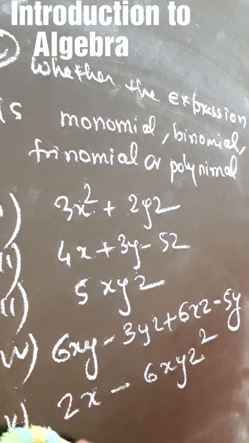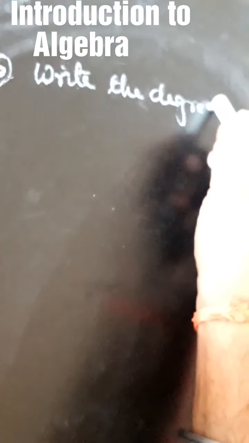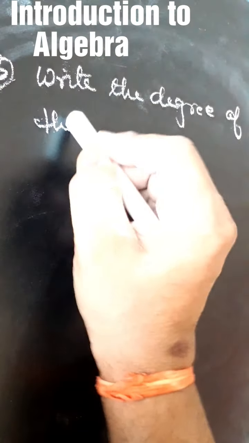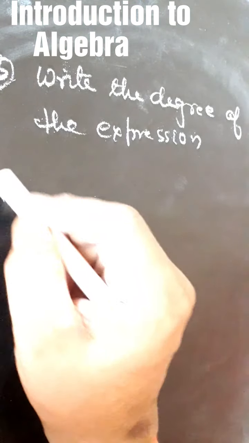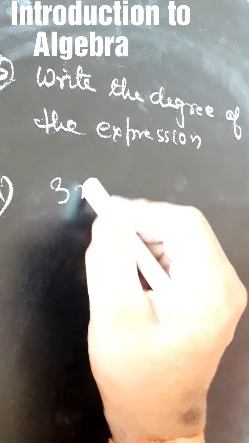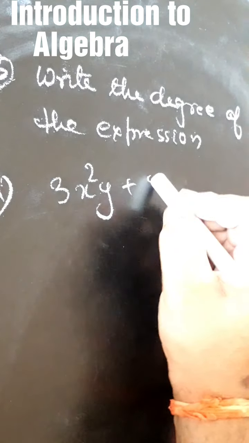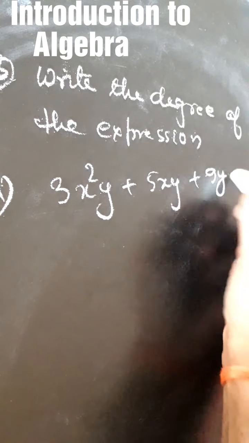Next question, we have to write the degree of the expression. First, 3x square y plus 5xy plus 9y.